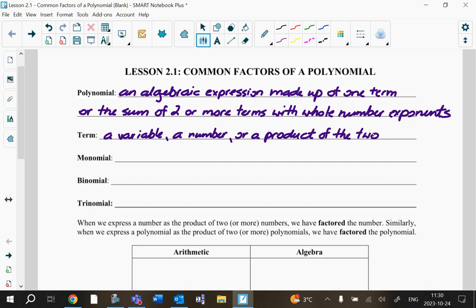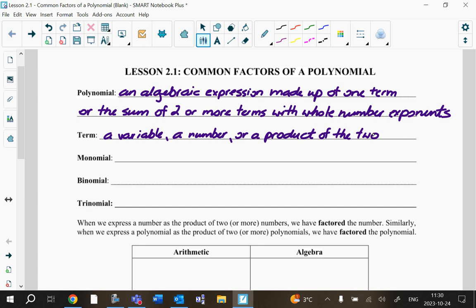So like a term could be like x. And that's also called the variable. We could put an exponent on it, x to the fifth. Okay. A number, well, you guys know what a number is, 4. Or we could put the two together by multiplication, 4x to the fifth. All of those are terms.